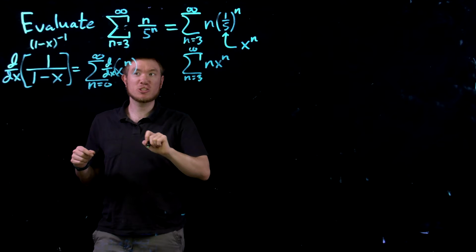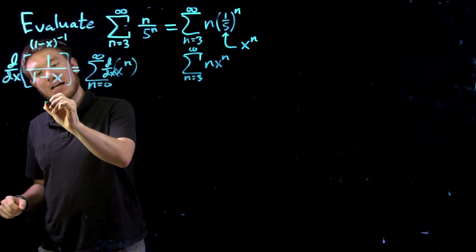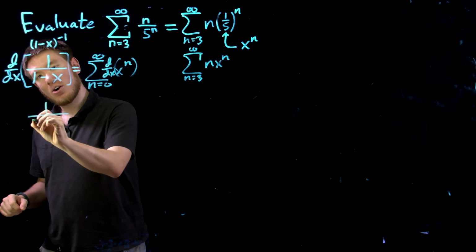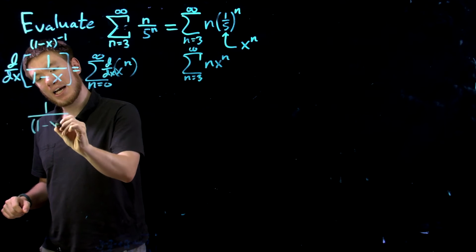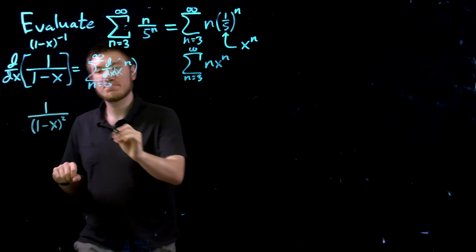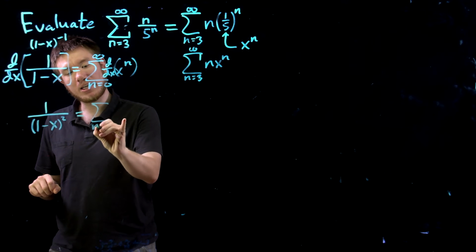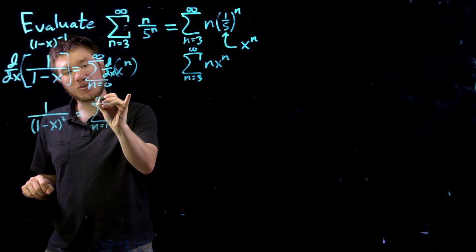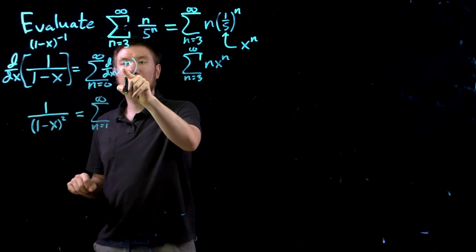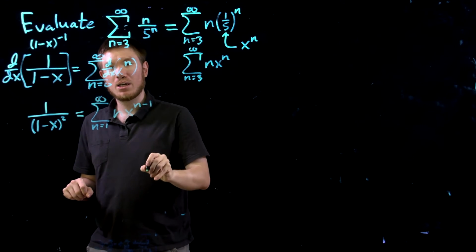But we also have to remember our chain rule, which will give us a -1. So in the end, we should end up with 1 over 1 minus x all squared on the left-hand side. And on the right-hand side, we'll end up with a sum starting at 1, going to infinity, of n x to the n minus 1.